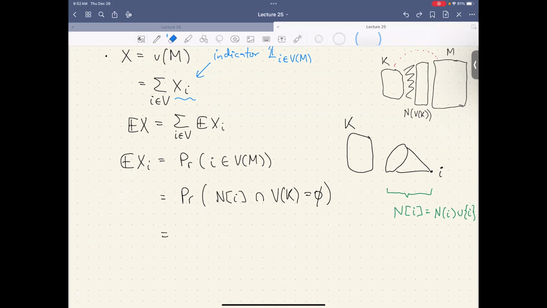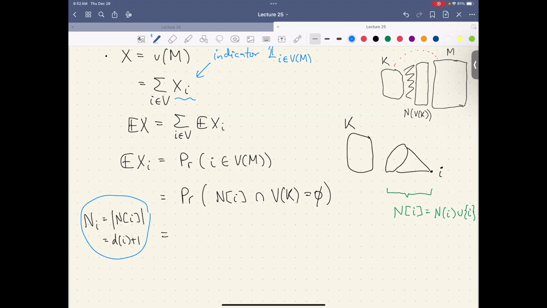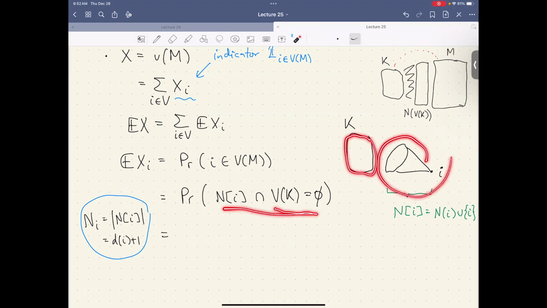Let's write n_i to be the size of the closed neighborhood. This is just the degree of i plus 1, right? Notation. This is basically saying this occurs when K is chosen outside of this.